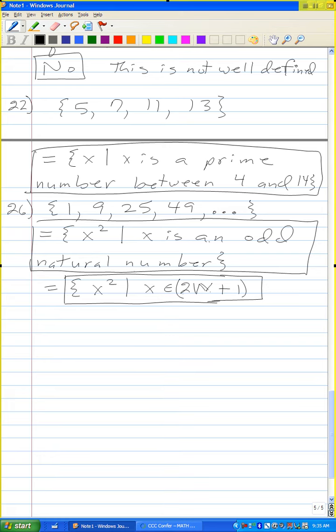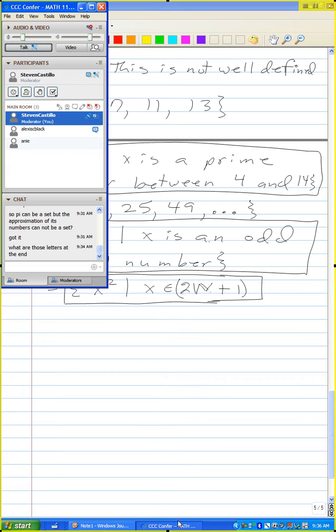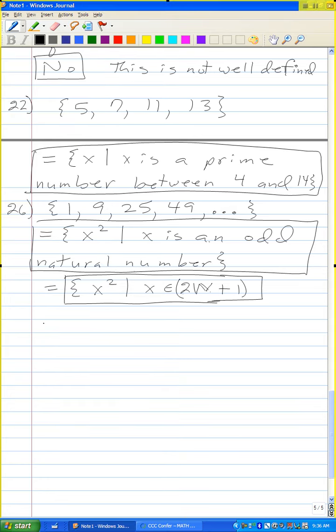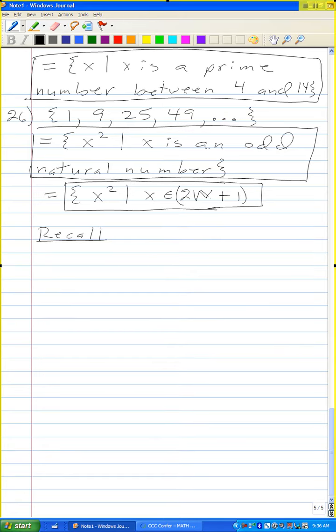Let's see. Let me do some additional notation. Let's recall some number sets.